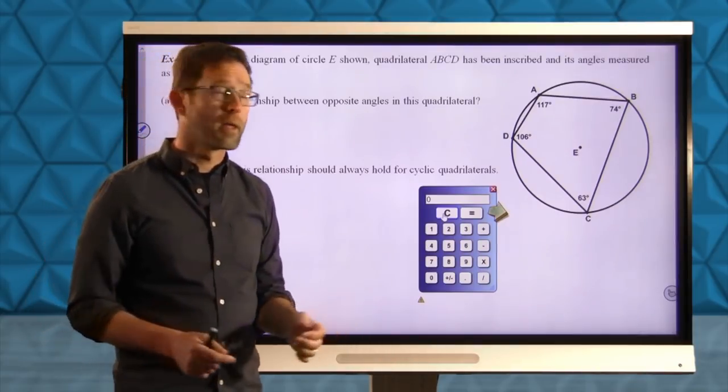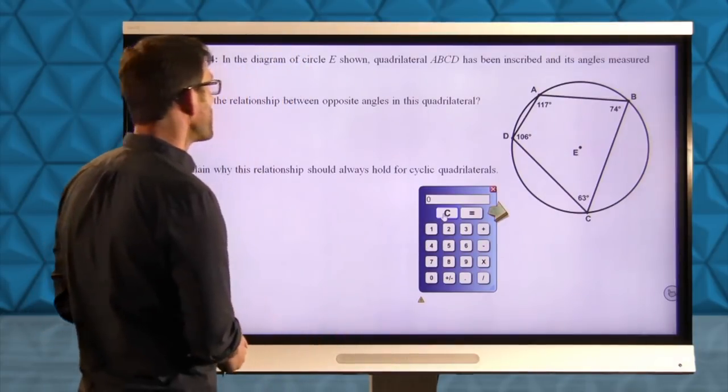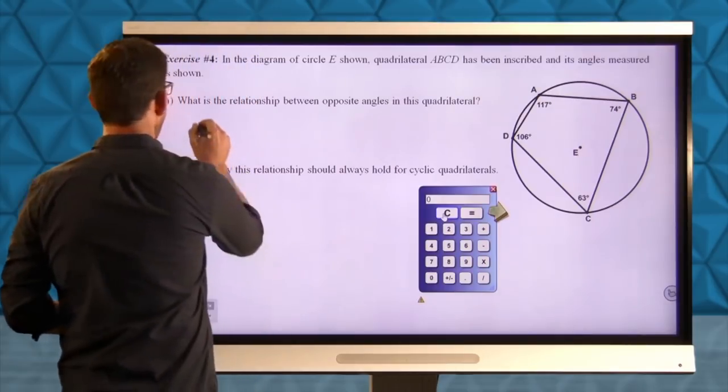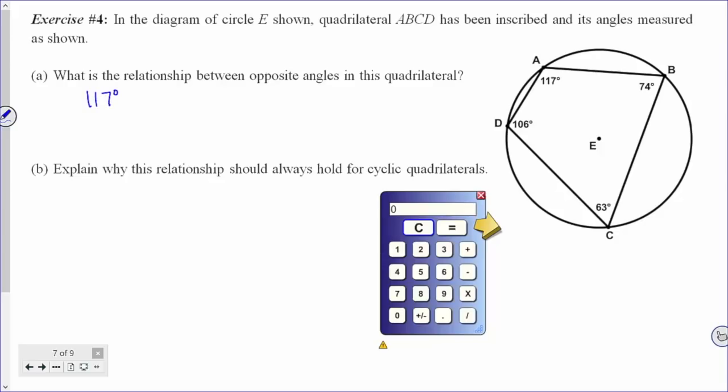All right, let's talk about them. Probably the most natural thing to do with the opposite angles is to add them together. So let me take that 117 and add it to its opposite angle. 117 plus 63, 180. Well, that's kind of cool, right?